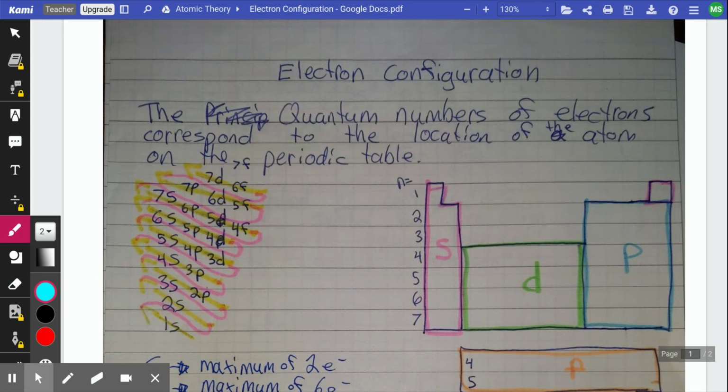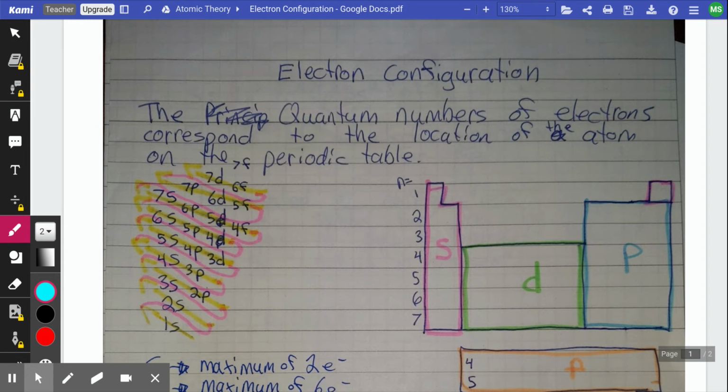When I am figuring out electron configuration, I often like to find the position of the last electron and then fill the rest in by going backwards. So if your atom is found over here, then the last electron is found in the P block. And here is the D block, and then down here is the F block.